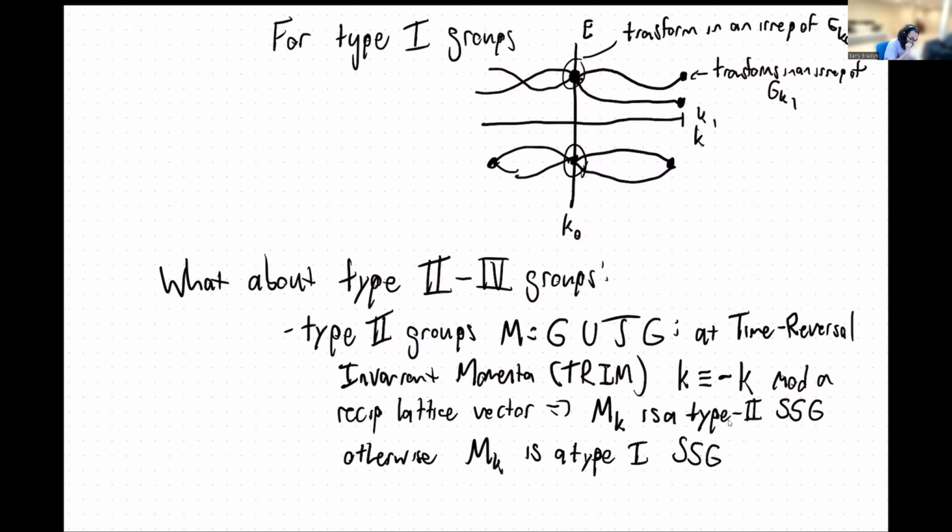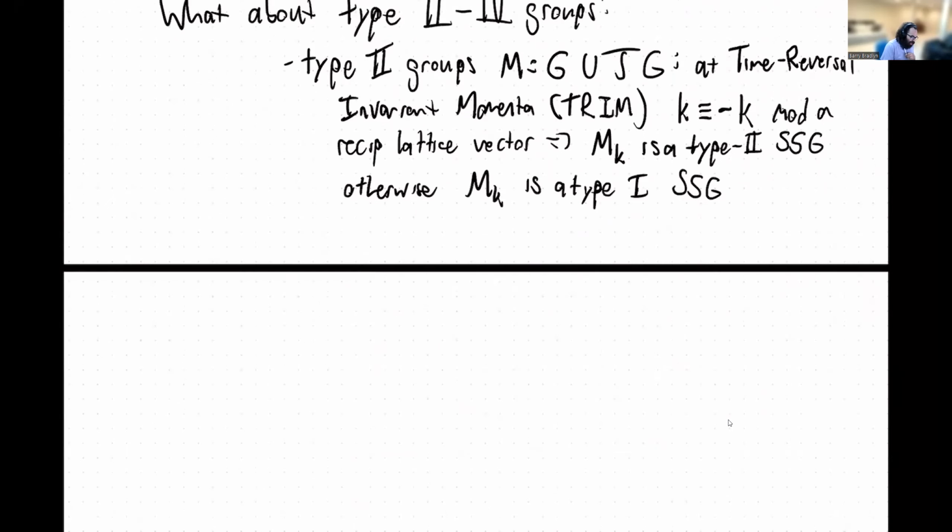So in a type 2 group, whether the little group of a given K point is type 1 or type 2 depends on if that K point is time reversal invariant. And it's a similar story in type 3 or 4.